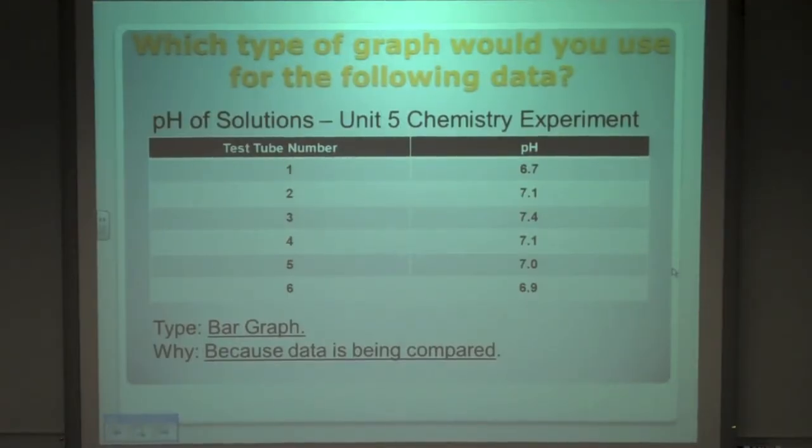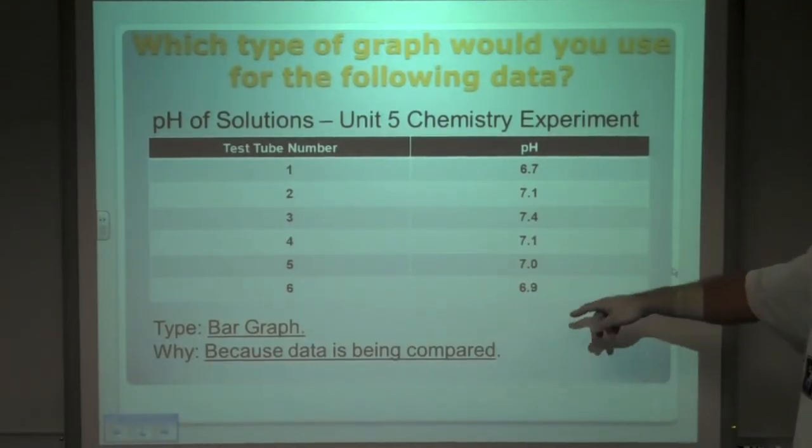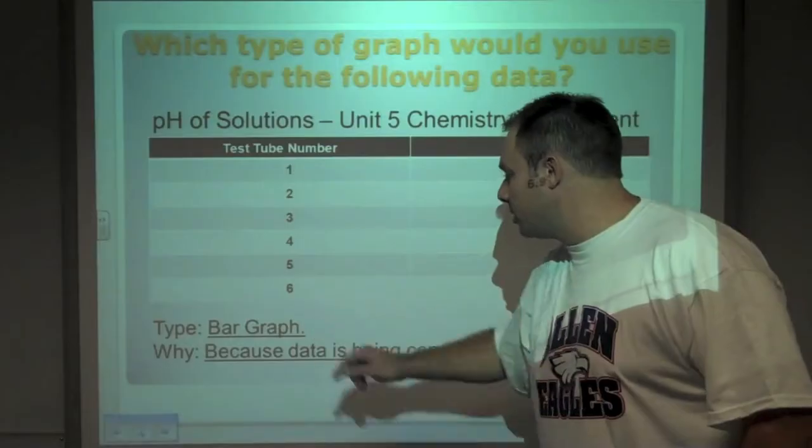We can see that roughly test tube 2 and test tube 4 here, and almost 5 are about neutral, where the others are slightly acidic. So here I've got various test tubes and various pH values. I'm comparing, there's the key word, comparing one test tube to the other. Therefore, since I'm comparing data, comparing information, comparing values, I would use a bar graph in that particular situation.